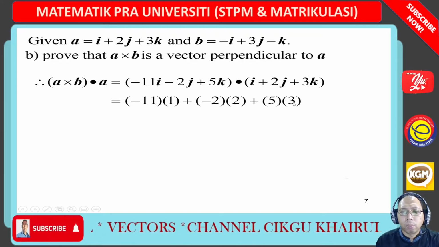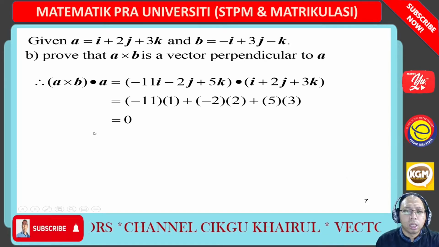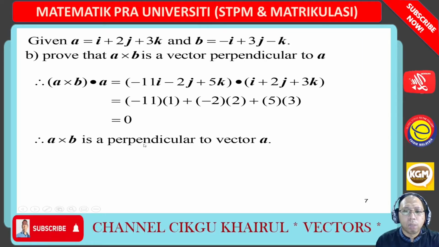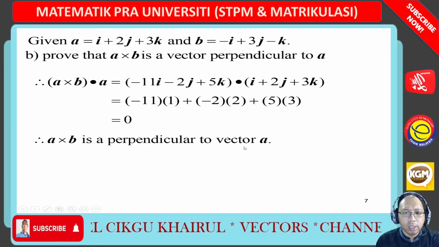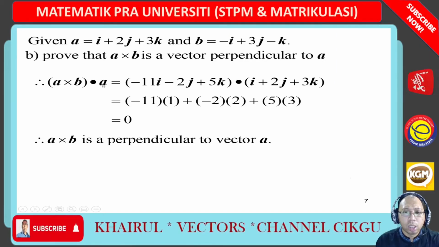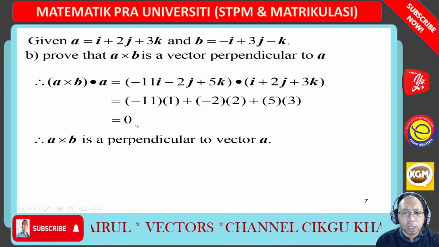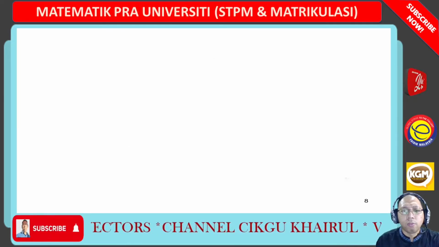Negative 15 plus 15 equals 0. So we can say that A cross B is perpendicular to vector A. Okay, clear? So we have to show A cross B, the new vector, dotted with vector A, we will get 0. Then we can say that A cross B is perpendicular to vector A.